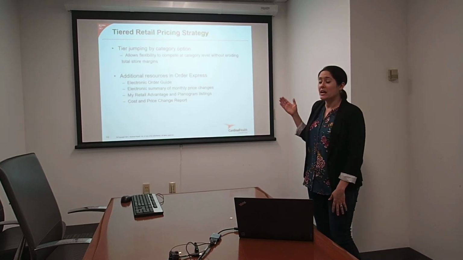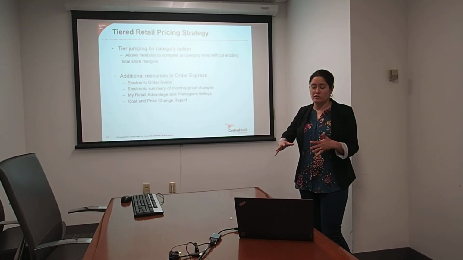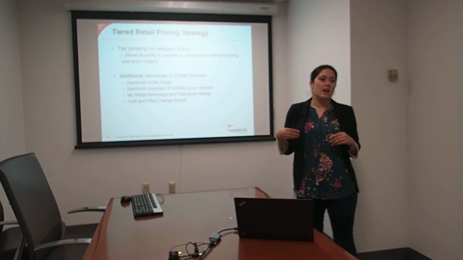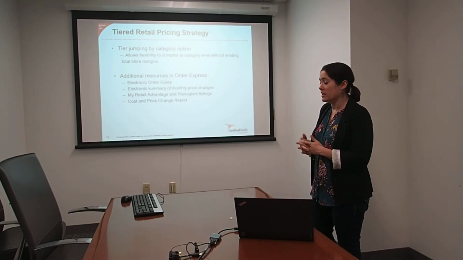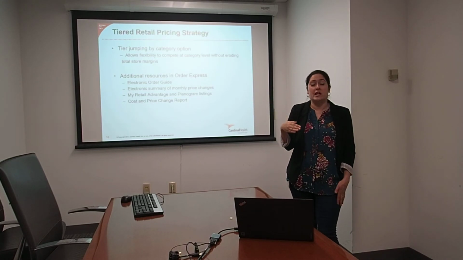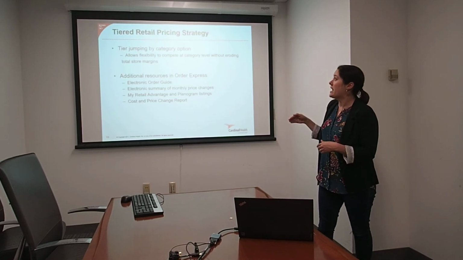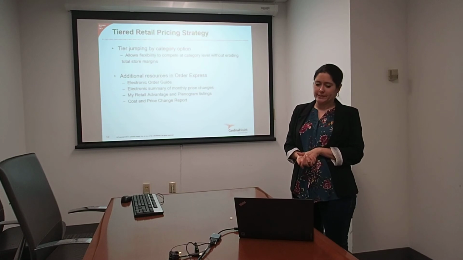You can say, you know what, I need to be better priced on baby care, but I really want to preserve that tiered retail pricing, the spreads between the private label, and not just do a flat markup to change that category. You can actually jump just the baby care category down to, say, a price focus B and still maintain those spreads and be at a much more competitive price point for just those categories.